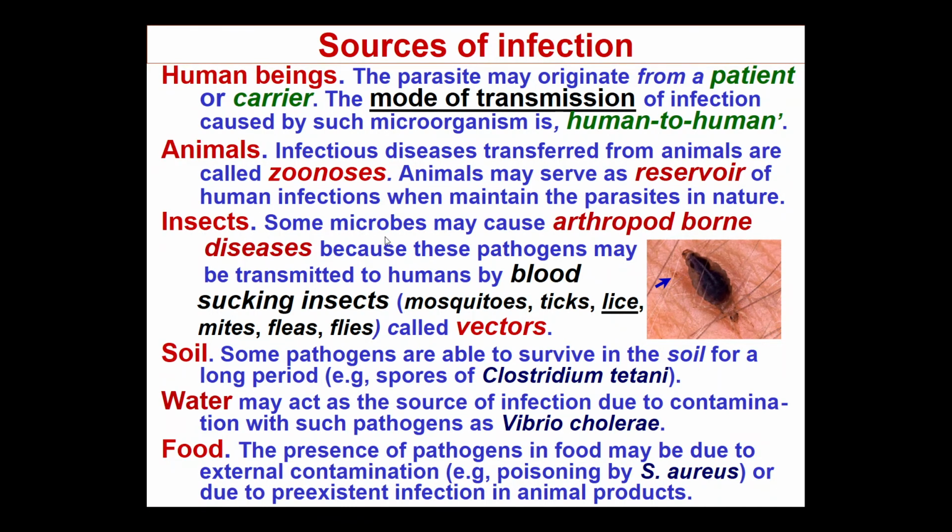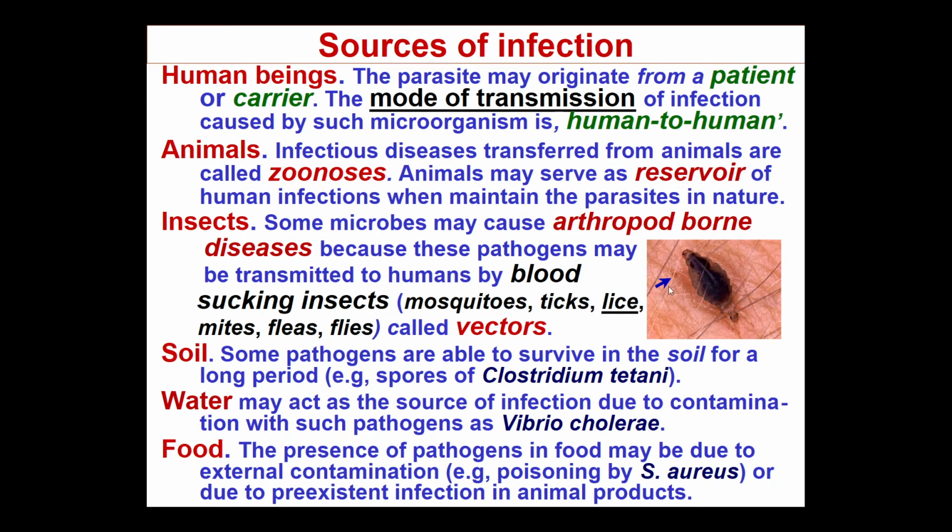Insects. Some microbes may cause arthropod-borne diseases. Arthropod-borne diseases are transmitted by blood-sucking insects. So these microbes may cause arthropod-borne diseases because these pathogens may be transmitted to humans by blood-sucking insects.